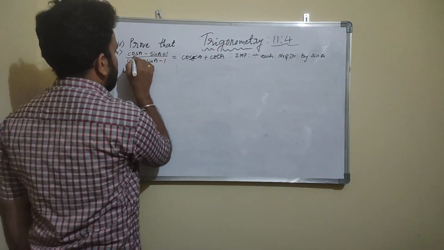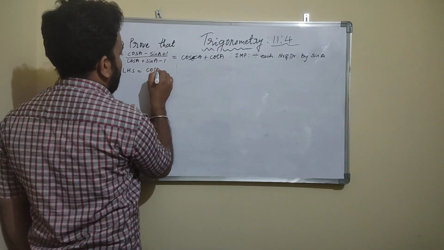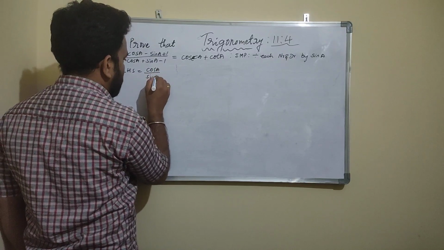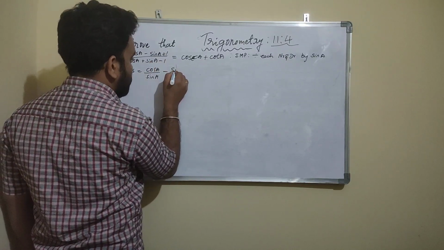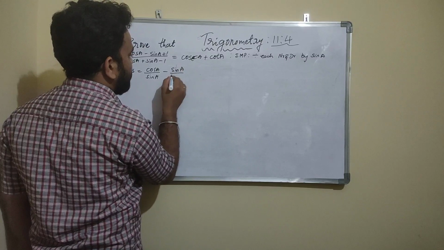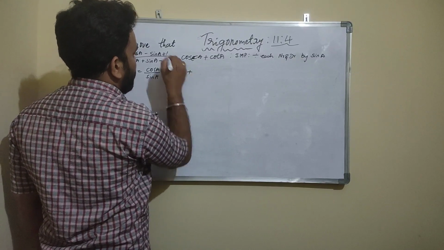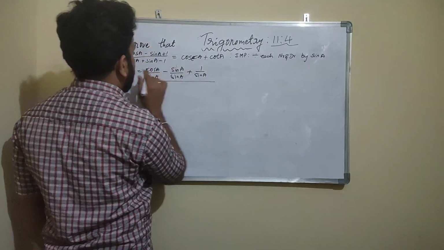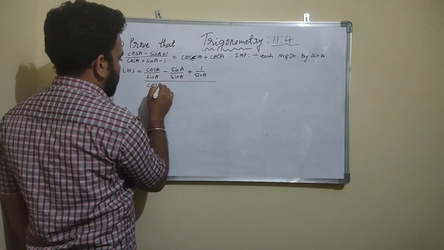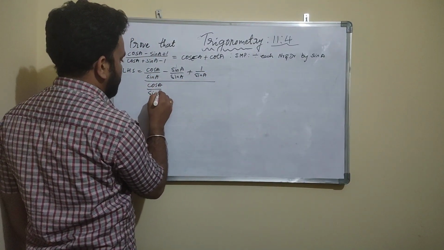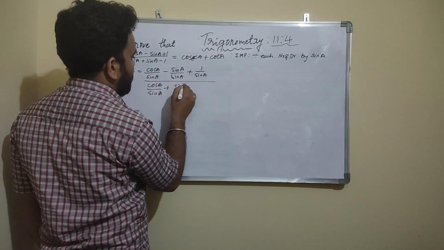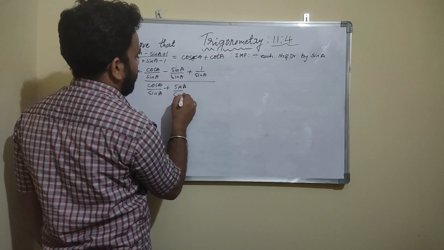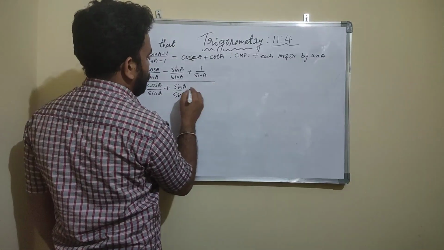Each term, that is here cos A by sin A, one term over minus sin A is there. This is also divided by sin A again, sin A plus 1 by sin A again. Whole divided by, here also same, cos A by sin A plus sin A by sin A minus 1 by sin A again.